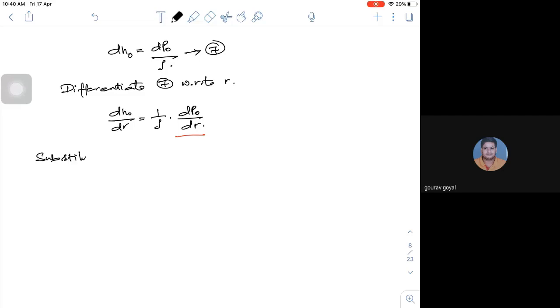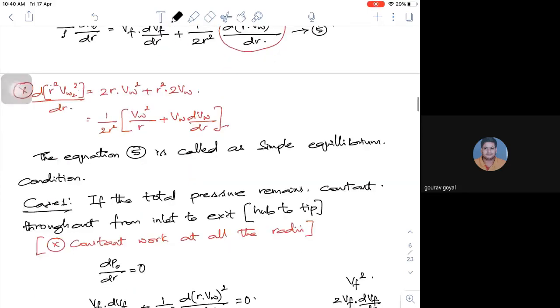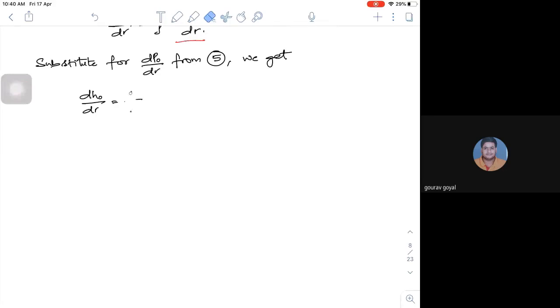We get dH naught by dr is equal to, the 1 upon rho just simply cancels out, as in equation 5. I'm directly substituting for dP by dr. So it will be directly in terms of Vf square.